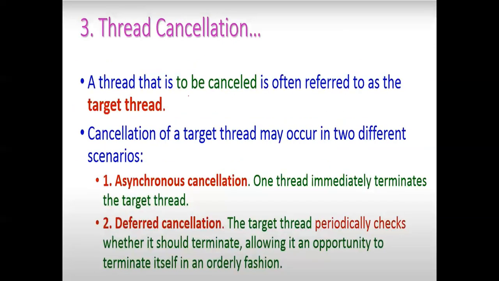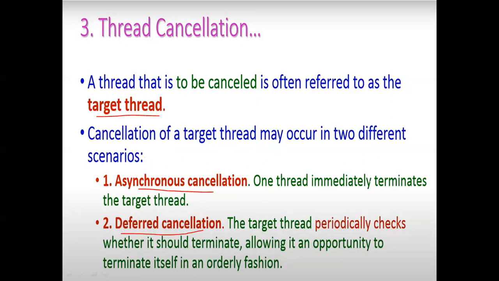A thread that is to be cancelled is often referred to as the target thread. Whatever thread we are going to cancel, we call that the target thread. The cancellation of a target thread may occur in two different scenarios: asynchronous cancellation and deferred cancellation. What is meant by asynchronous cancellation?